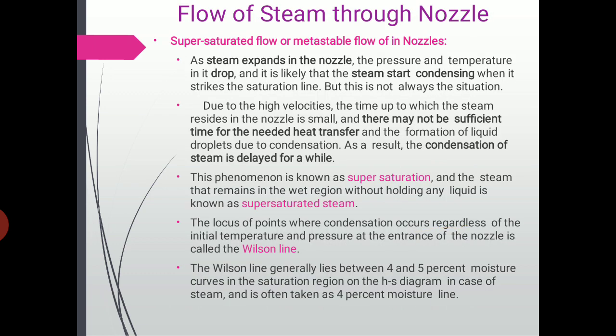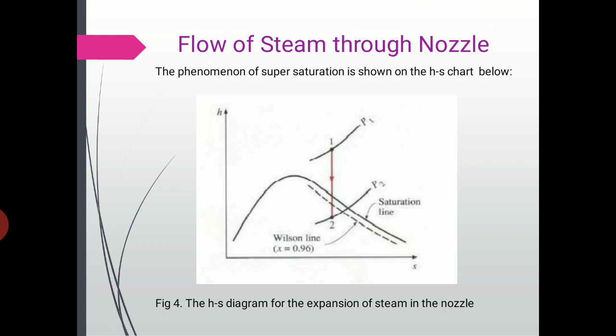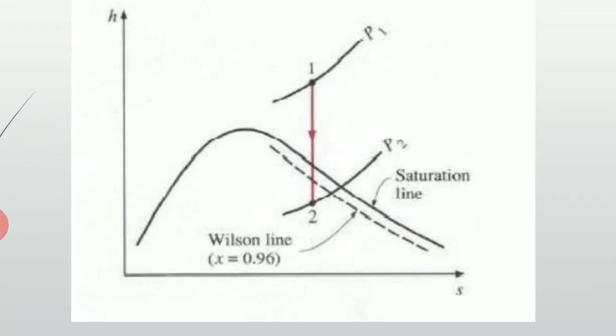Then the locus of the points where condensation occurs, regardless of the initial temperature and pressure at the entrance of the nozzle, is called the Wilson line. What is this Wilson line? When the pressure drops, condensation occurs below the saturation line.